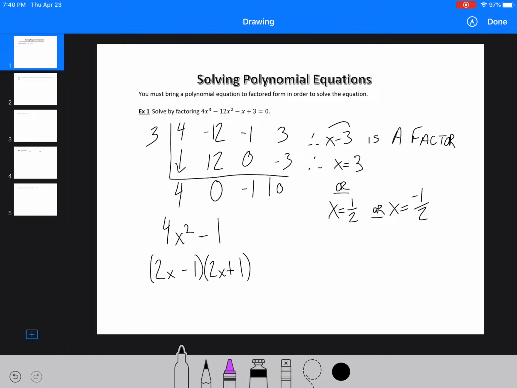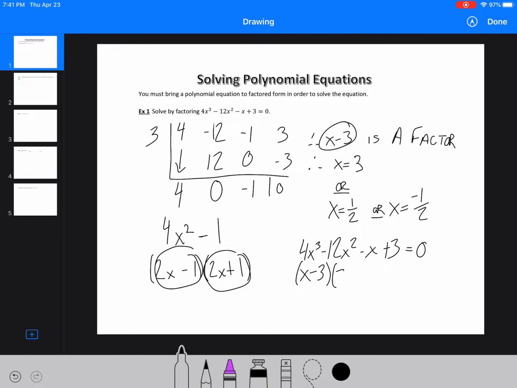We're getting one solution from here, one solution from here, one solution from here. We're changing the equation 4x cubed minus 12x squared minus x plus 3 into x minus 3, and this all equals 0, 2x minus 1, 2x plus 1 equals 0, and you're getting these 3 solutions.